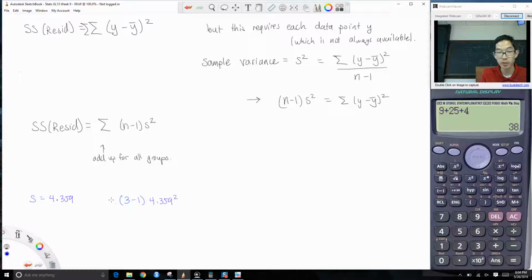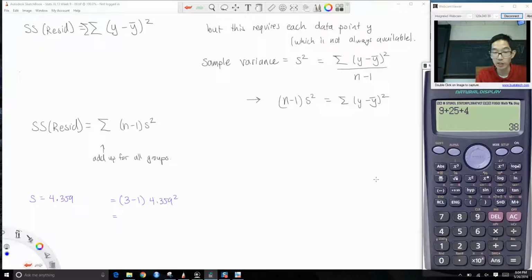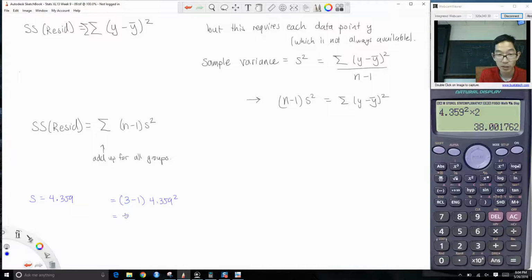I think because of rounding, it'll be just ever so slightly different from the number 38, but 4.359 squared times 2 is 38.001762. So this is also equal to 38.